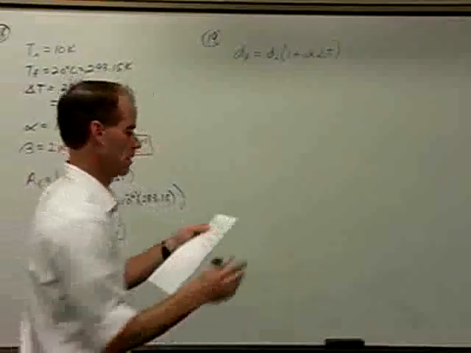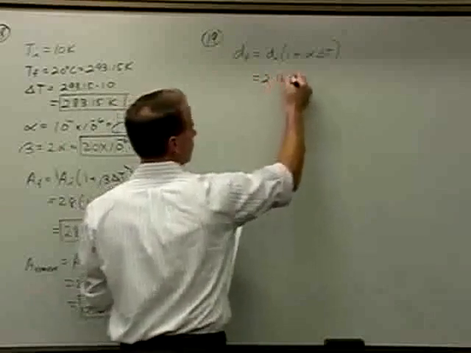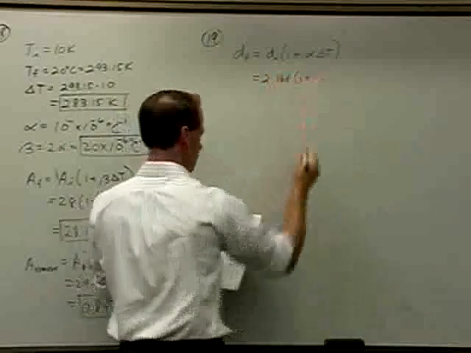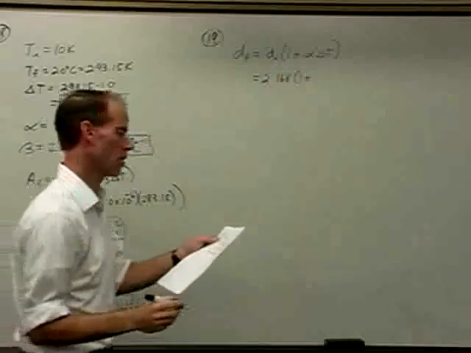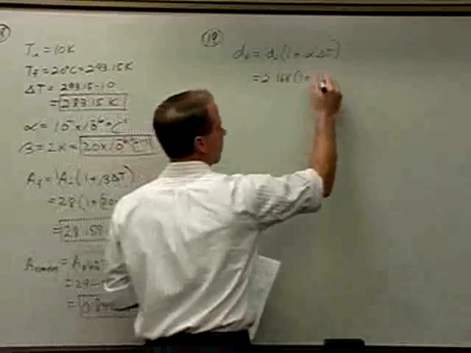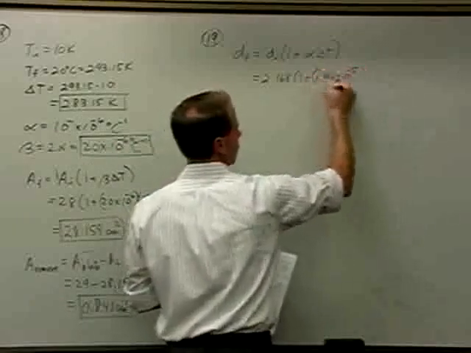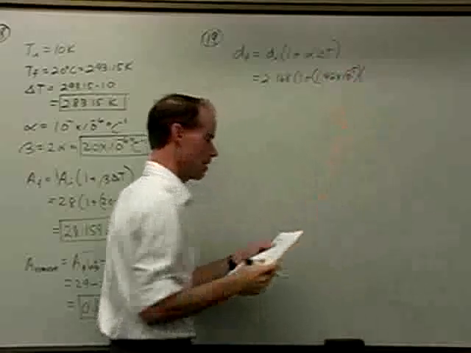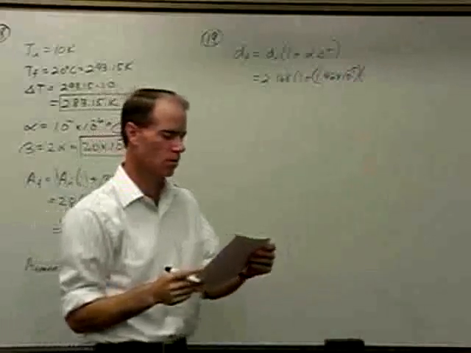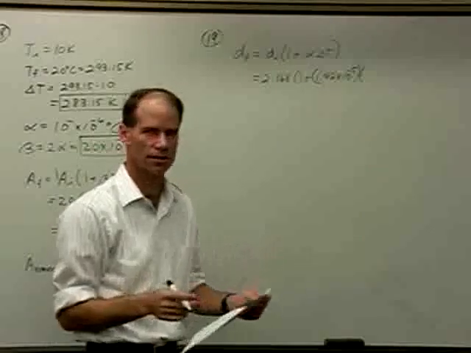Our initial diameter is 2.168 centimeters. The linear coefficient was given for gold as 1.42 times 10 to the minus 5. And our change in temperature was, we went from 15 degrees Celsius to 100 degrees Celsius.